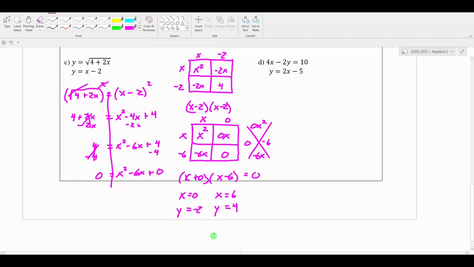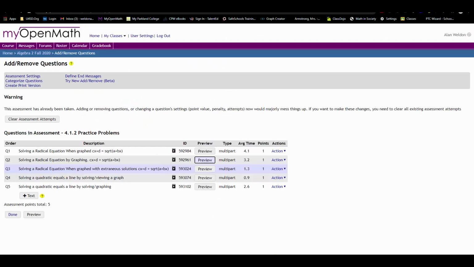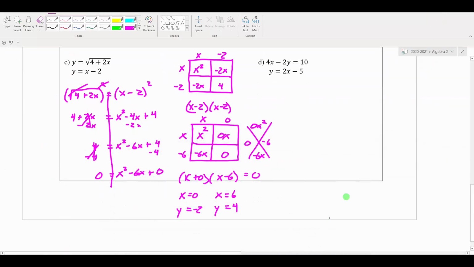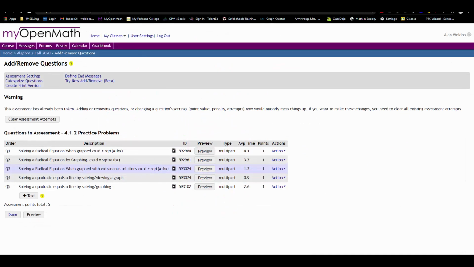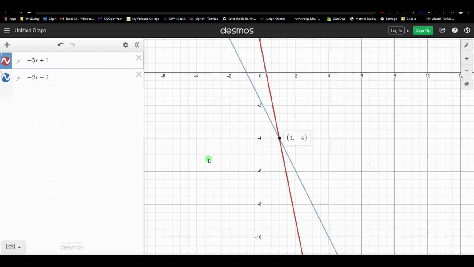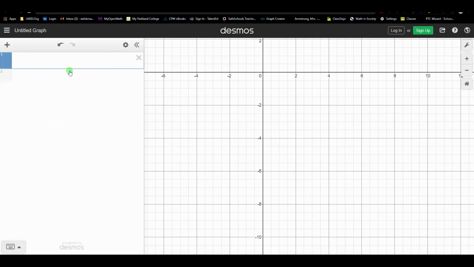All right, so we have two solutions here, and I want to make sure that I take a look at the graph of this thing because there could be a possibility of extraneous solutions, so we need to make sure we double check that. Okay, so let's go to Desmos. Here we go. Let's type in our equation.